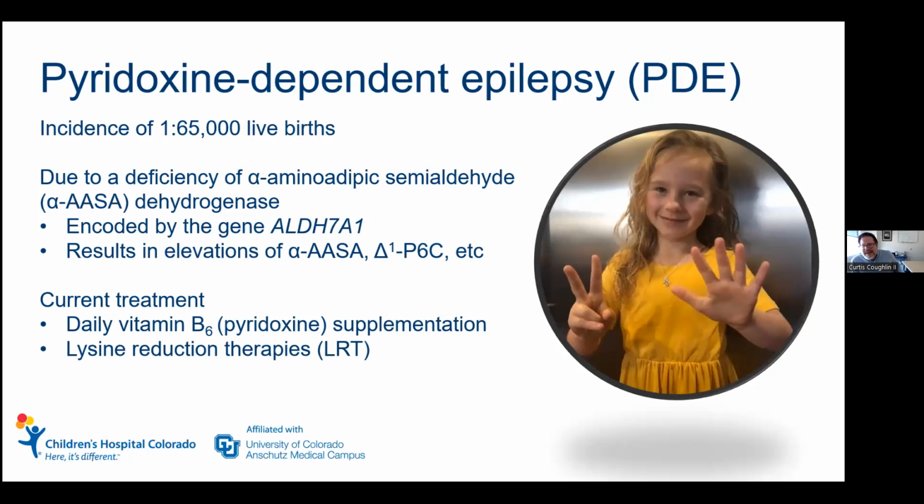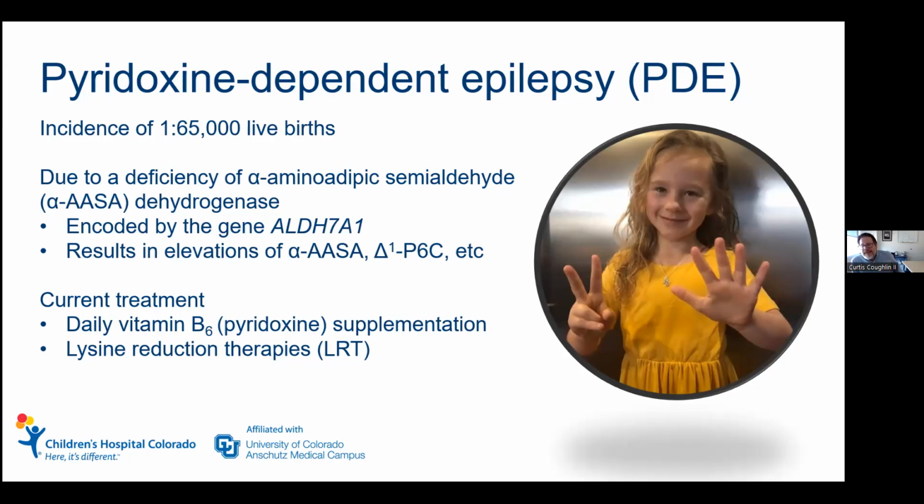So pyridoxine-dependent epilepsy is a disorder of lysine metabolism. This is the disorder that my lab and I spend most of my time on, so we're going to talk a little bit about it longer than we should. We think that this is a fairly common metabolic disorder at about 1 in 65,000 live births.